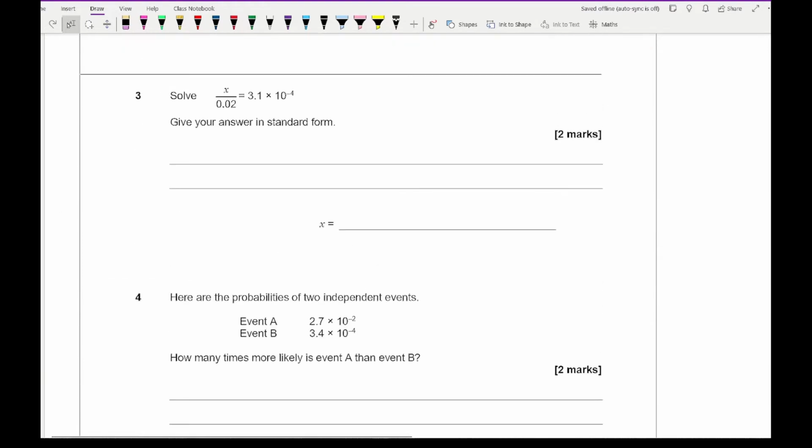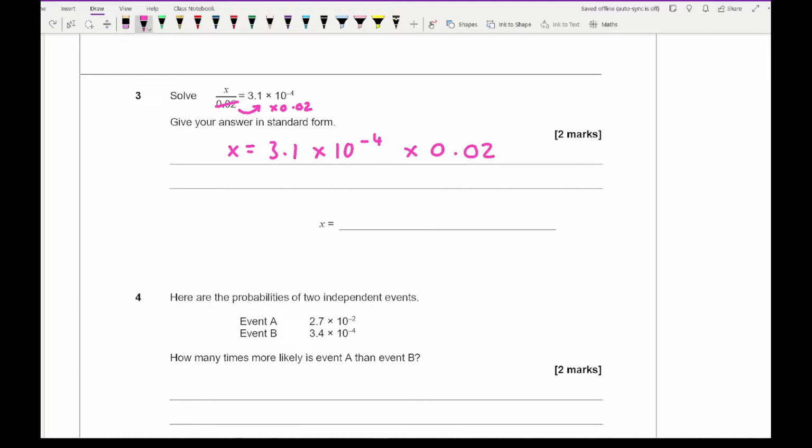Moving on to question 3, it says to solve this equation. Here we want to get x by itself, so what I need to do is get rid of that 0.02 by multiplying by 0.02. So x equals 3.1 times 10 to the power of minus 4 times 0.02.